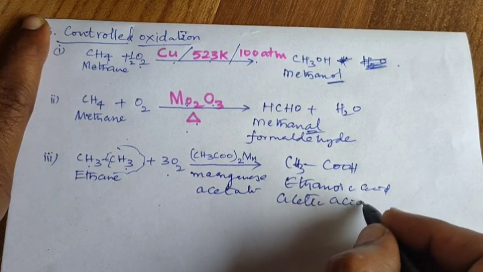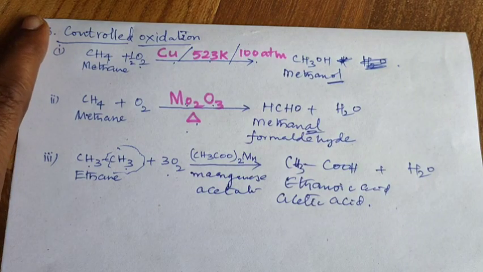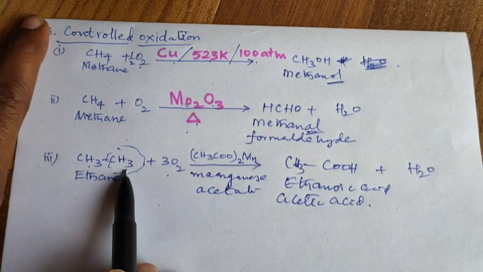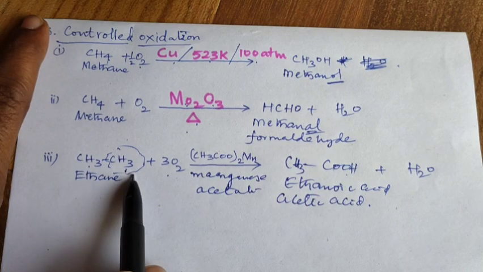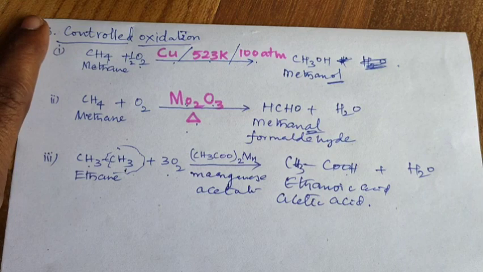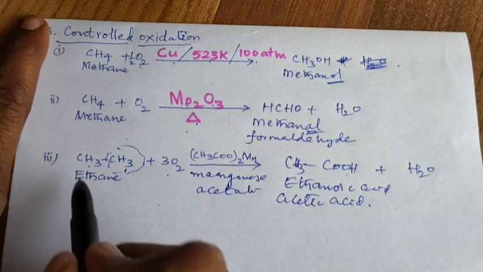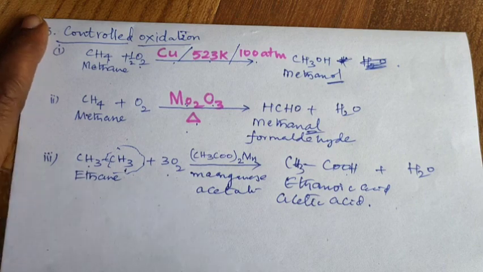In this name you observe this one. And water molecules, observe CH3COOH, 2 hydrogens, and how many oxygens? 3 oxygens. 3 2s are 6. Balancing is required.